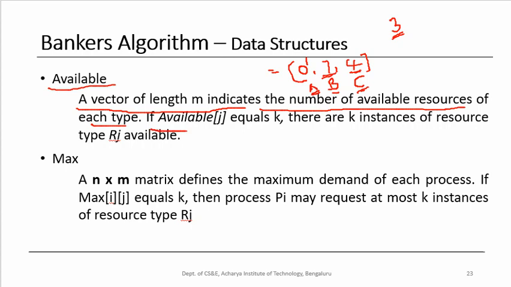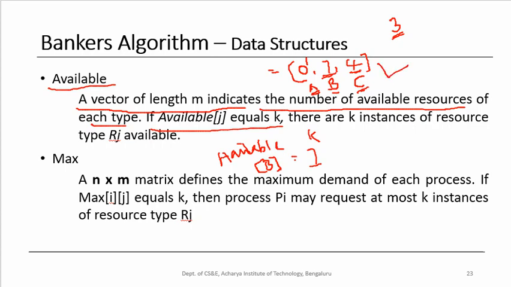If available is equal to k, in this case, if available of B is equal to 7, here k is 7.